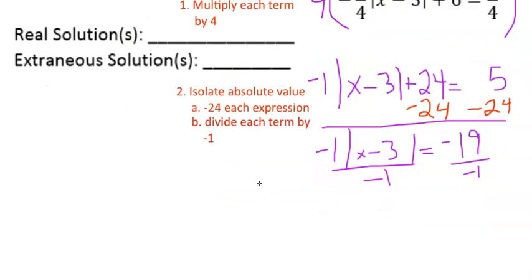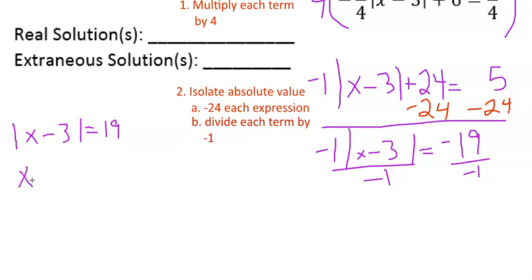So then we have the absolute value of x minus 3 equals 19. Now we're ready to set up our two equations.